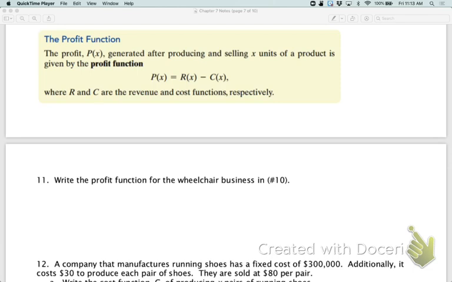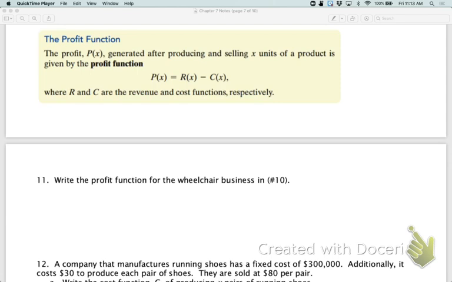So anything left over after you pay your bills is what your profit will be. Okay. And then again, it's important to recognize that at the break-even point, since R of X and C of X are equal to each other, when you subtract, your profit is zero.